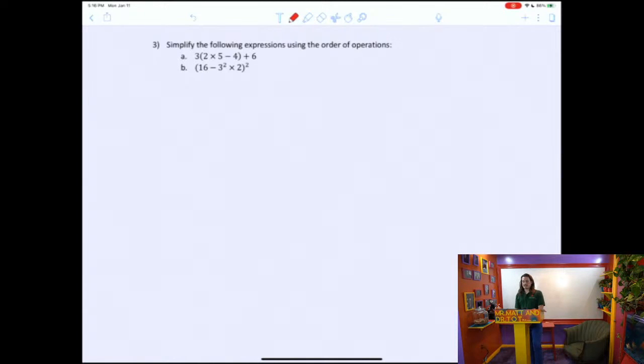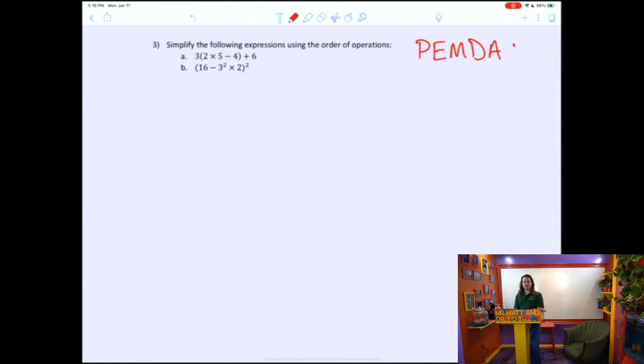So number 3 is asking us to simplify the following expressions using the order of operations. Remember that you can remember the order of operations with the acronym PEMDAS: parentheses, exponents, multiplication, division, addition, subtraction, working from left to right. 3a is asking you to simplify 3 times the quantity 2 times 5 minus 4, quantity plus 6.